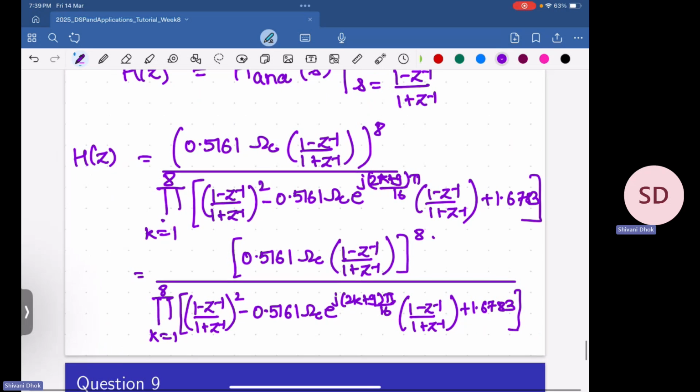Is it clear? This is the transfer function of our digital bandpass filter that we wanted to design. This is the last thing that we wanted to do in this particular question.